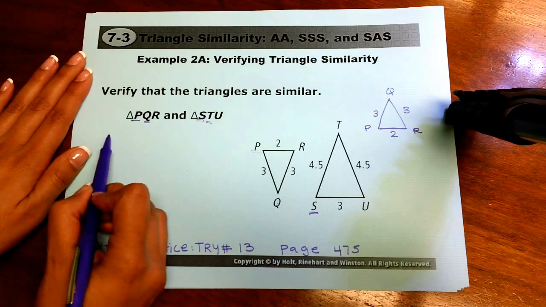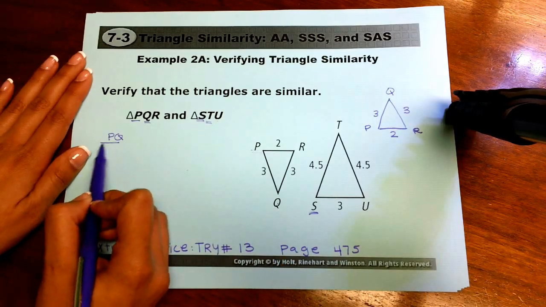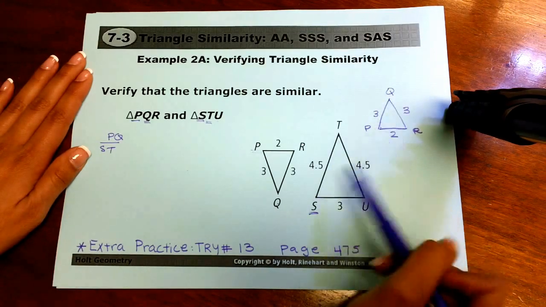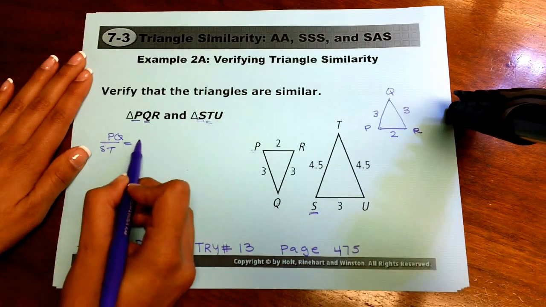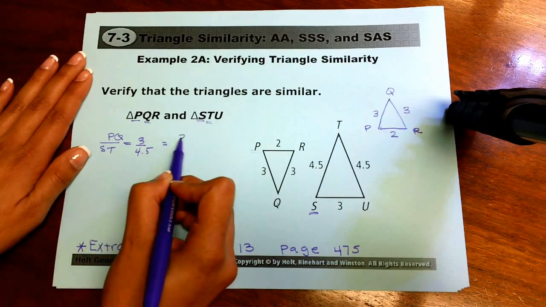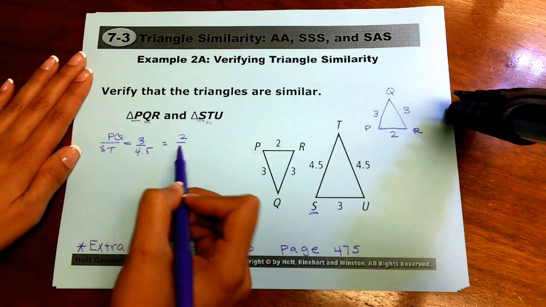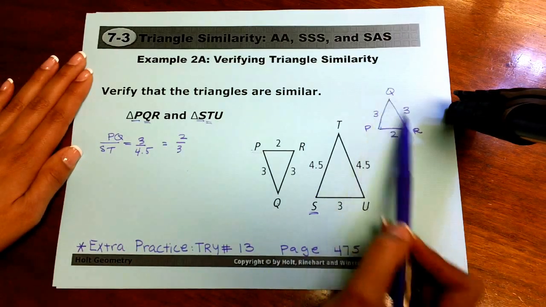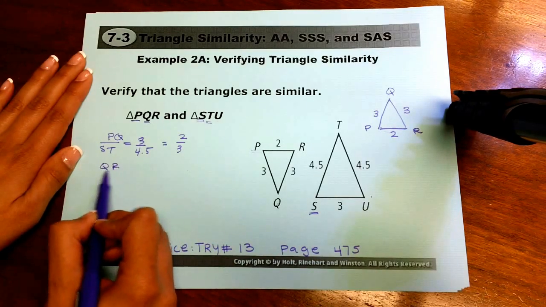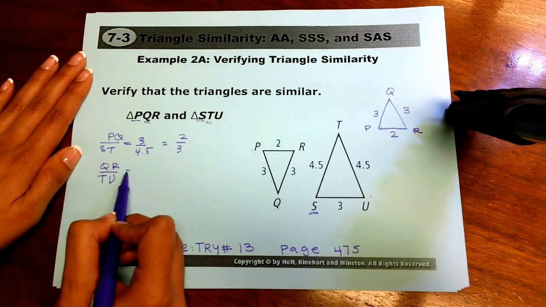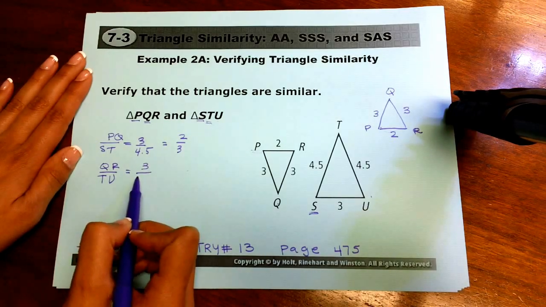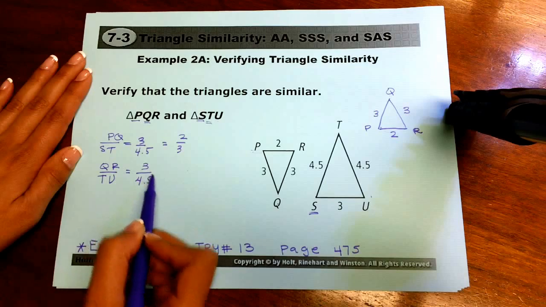So I have PQ to ST, which is going to be 3 over 4.5. And that is going to reduce to 2/3. Then I can say QR to TU, and QR is 3 and TU is 4.5.